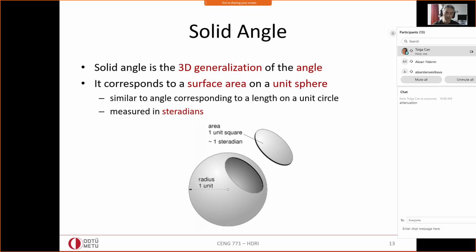The solid angle: we are not going to do global illumination. We will not try to compute the amount of light that comes to an entire area along a sphere. If you go into more detail later, for example, if you take the course Advanced Ray Tracing or Advanced Computer Graphics, you may need these things.